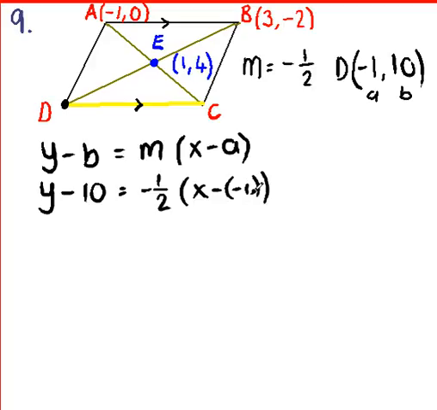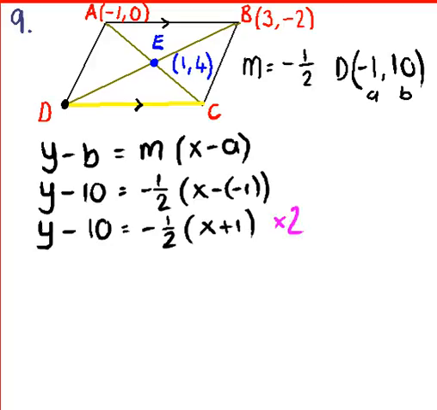So we can simplify in the bracket here. Our two minus signs give us a plus sign, and we have a fraction here, so we want to get rid of that. So if we multiply everything through by 2, the fraction will disappear.